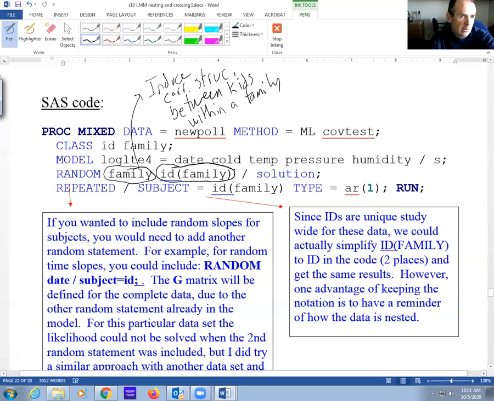And this one induces a correlation structure between measures within a kid.